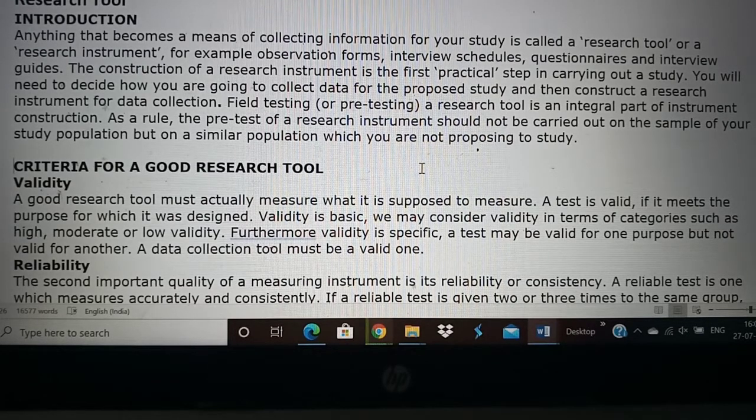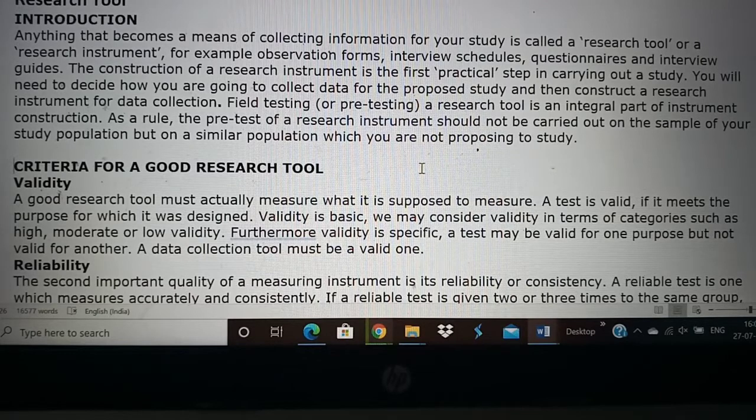Then the next thing is you have to use the interview form or questionnaire form or observation form with a small number of samples. This is called field testing or pre-testing or a pilot study, where your research tool, the form which you have created, is tested on a small number of patients or samples.